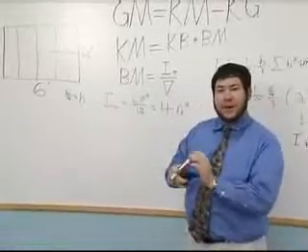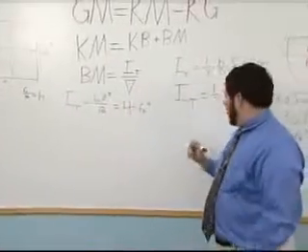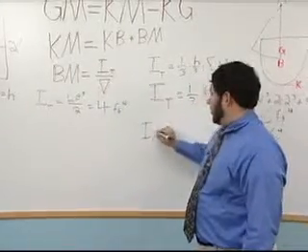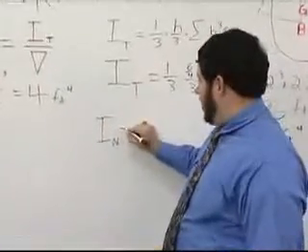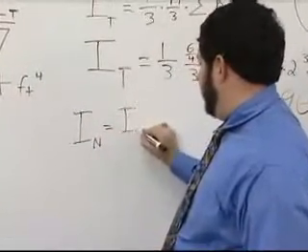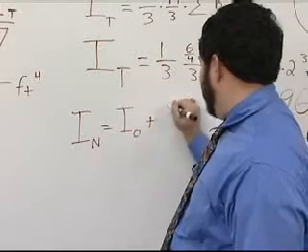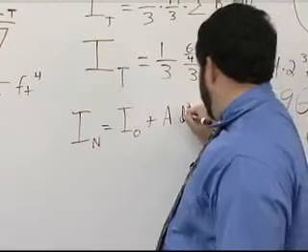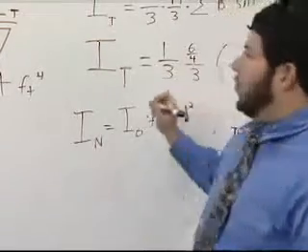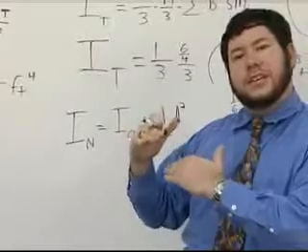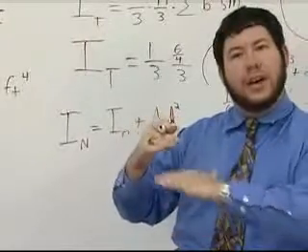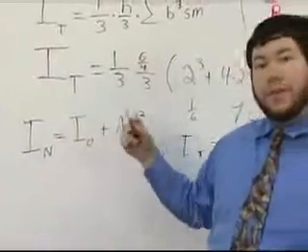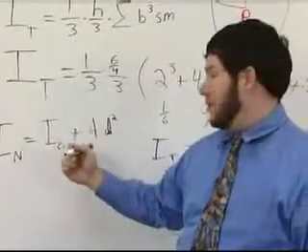So to correct for that, we use the parallel axis theorem, which says that the new moment of inertia equals the old moment of inertia plus the area times the distance squared if you're moving from the centroid of the area to a point off the centroid of the area. But in our case, we're moving from a point off of the centroid in the area to the centroid of the area.